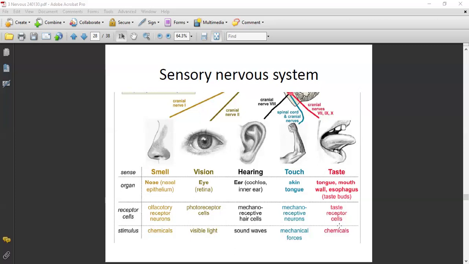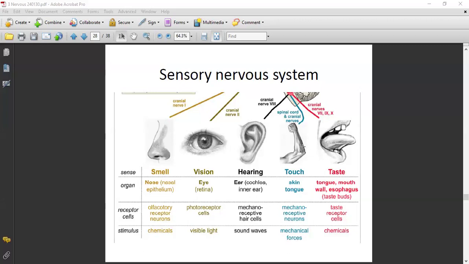You also need to know what cranial nerve transmits the signal. The location of the receptor: smelling is in the nasal cavity, vision is in the retina, hearing is the cochlea, touch is in the skin, and taste is in the taste buds in the oral cavity, basically.